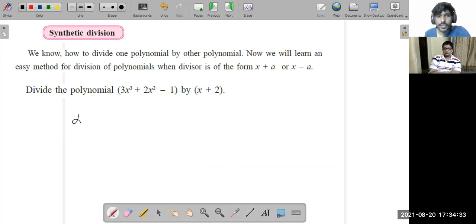First thing you have to do is write your dividend in index form. Which term is missing?